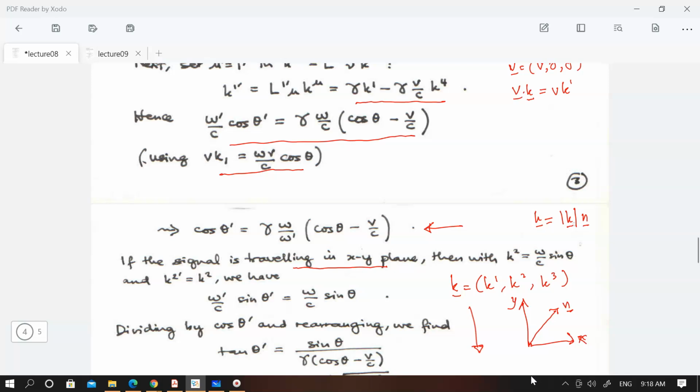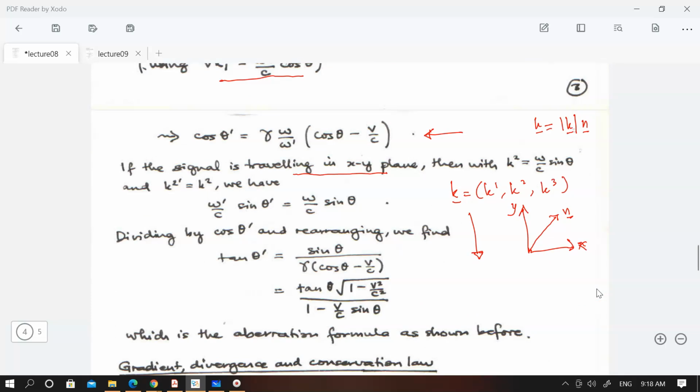And so that gives you these components. So your k is really now modulus k cos theta. So this is theta here, and modulus k sine theta, but your z component is 0, because we are assuming it to be traveling in some plane, and the plane is the xy plane, so your z component is actually 0. So you have that.